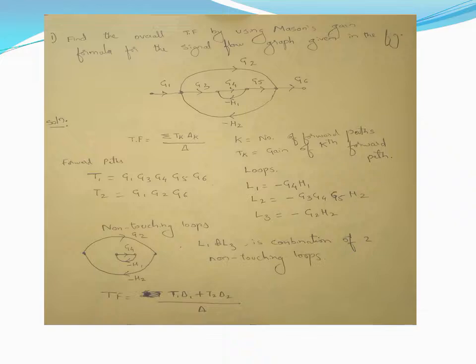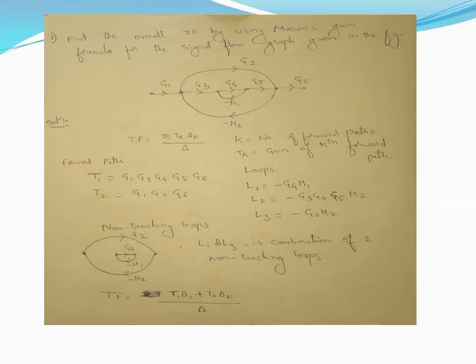We have L2, we can see it is starting with the second node G3, G4, G5, H2. That means it is touching the second forward path, so it cannot be considered. Third loop G2 into H2, obviously it is overlapping it. So only loop which is not touching the second forward path is minus G4 into H1, that is L1.